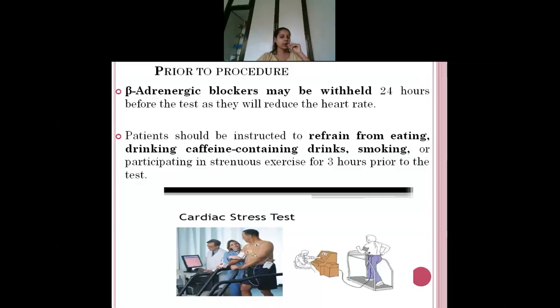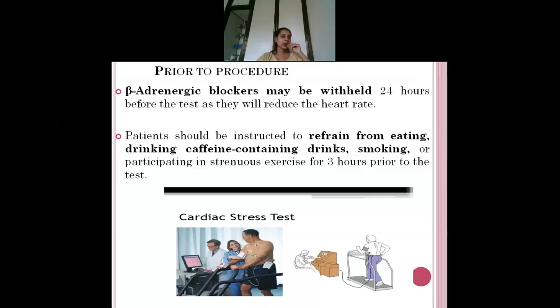So that is why we withhold the drugs, that is beta blockers. Like metoprolol, atenolol, then propranolol, all these are examples of beta blockers.